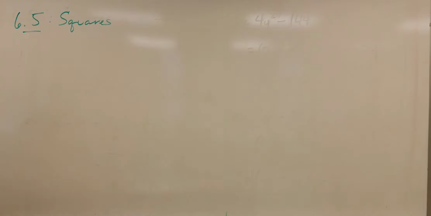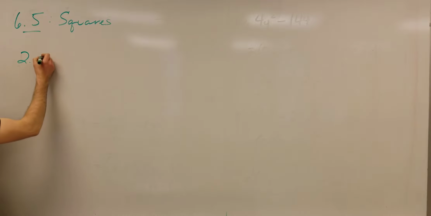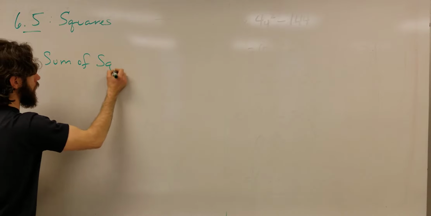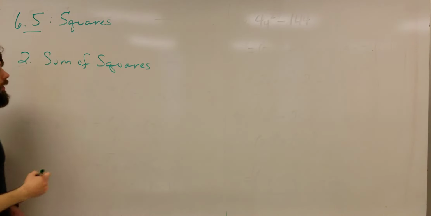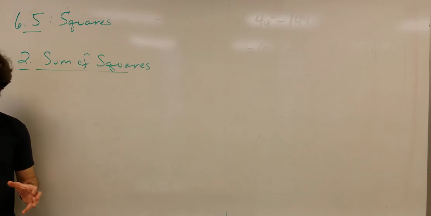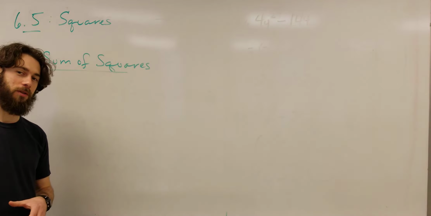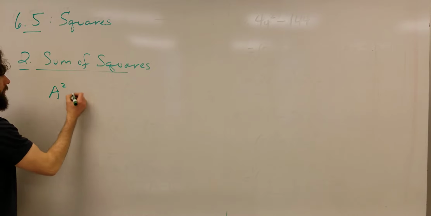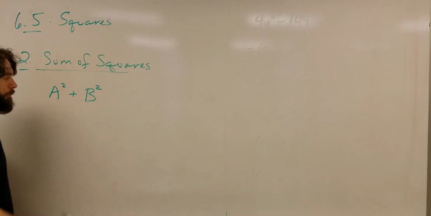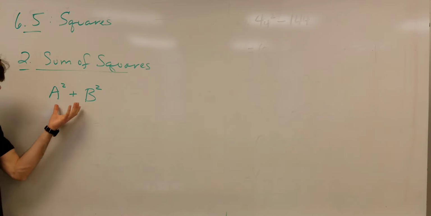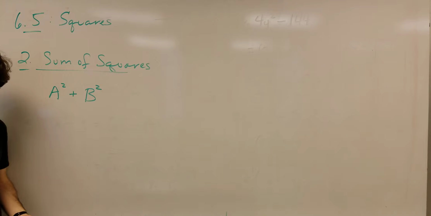Now, a really easy one is called the sum of squares. Although a little bit less common, it's important to point this out because it's easy to confuse this with the difference of squares. So this will look a lot like a difference of squares. It's a squared plus b squared. What's tricky about this is this actually doesn't factor generally.